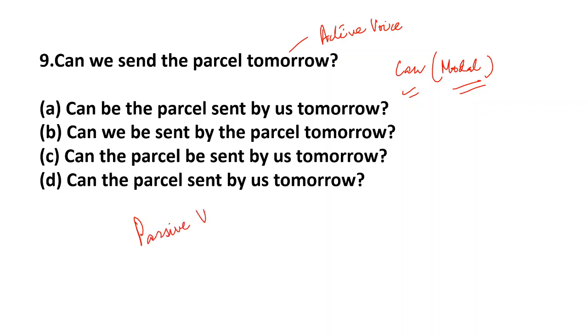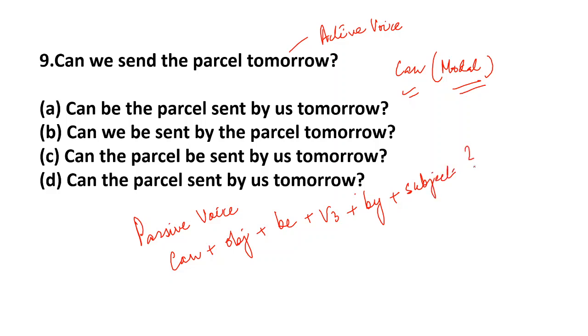In the passive voice it becomes: can plus object plus be plus V3 plus by plus subject. This is the modal one, and the question mark is very necessary, otherwise it will become wrong.